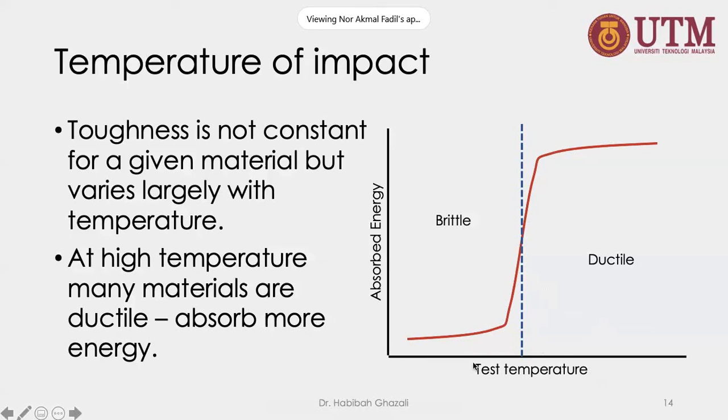So if you want to design the materials, what kind of curve do you want to obtain? Is this behavior shifted to the left or to the right, or what? What do you think?